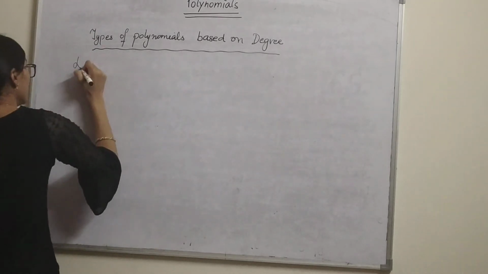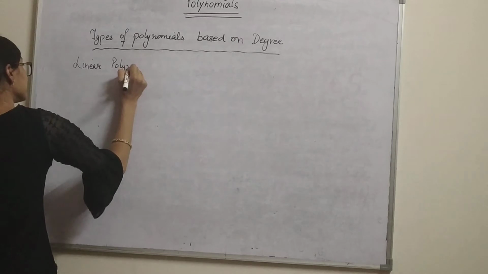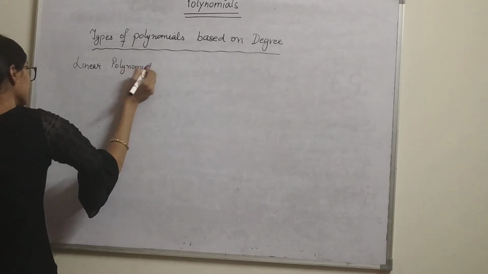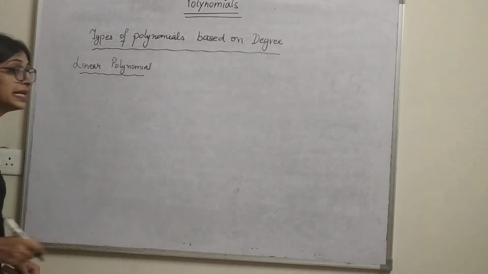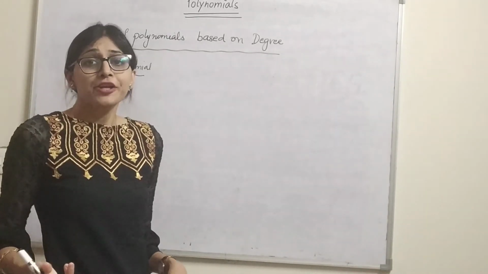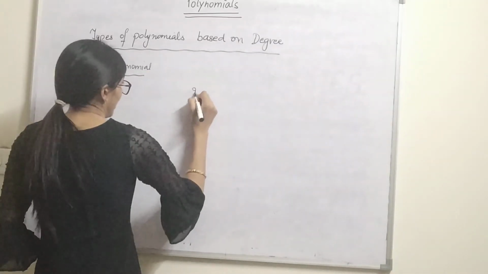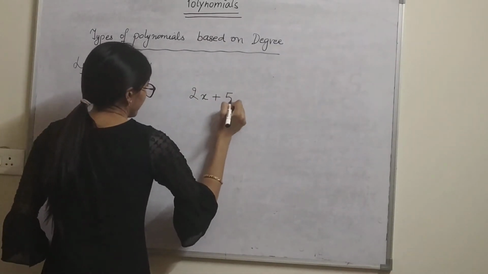First of all, linear polynomial. A linear polynomial, as the name indicates, is a polynomial in which the degree of the polynomial is 1, like 2x plus 5.